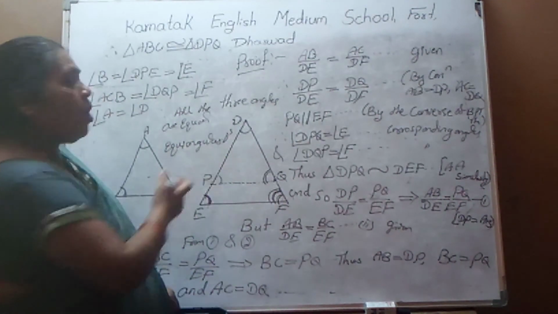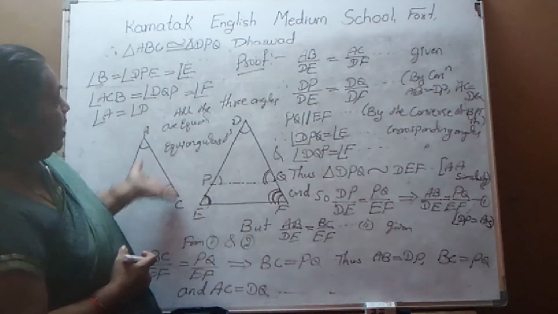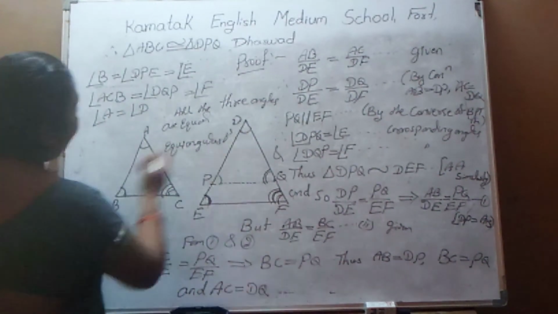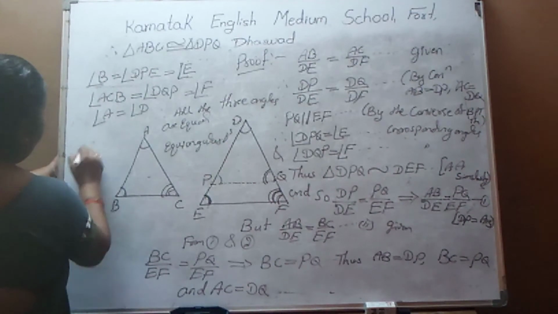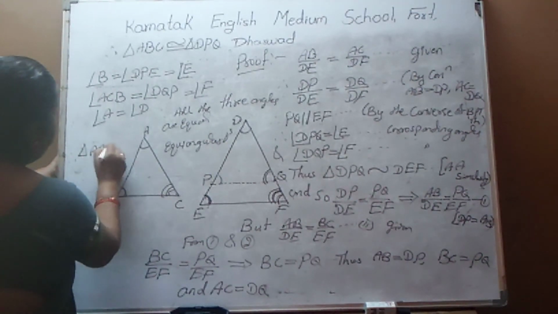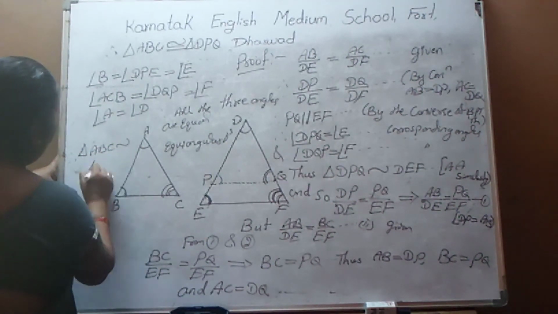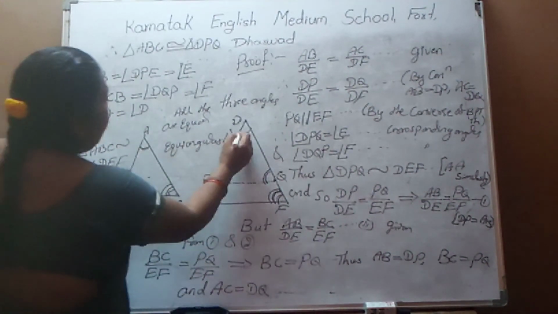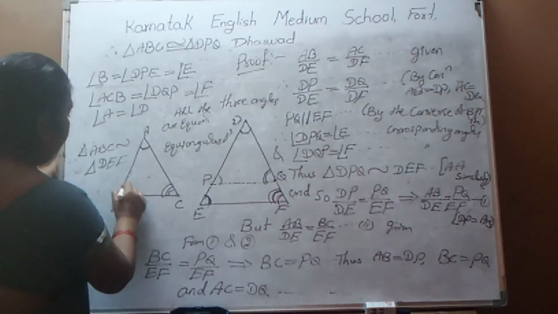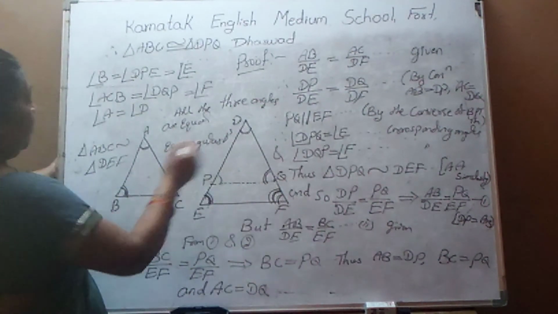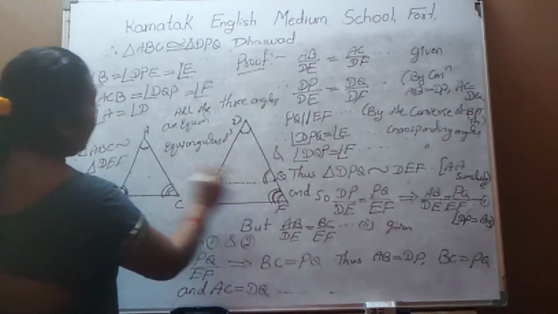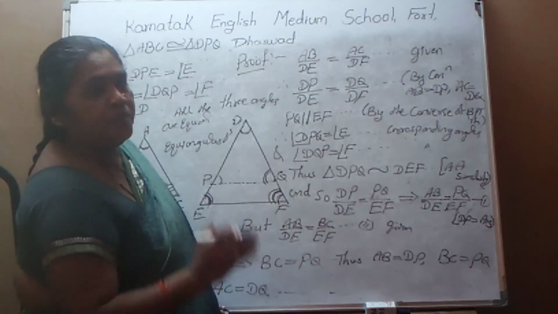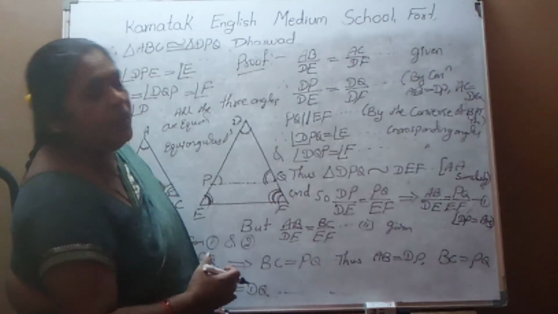When all the angles are equal, then these two are similar. Therefore, when equiangular is there, triangle ABC similar to triangle DEF. When this angle is equal to this angle is equal to this angle, you proved. These two triangles are equiangular.